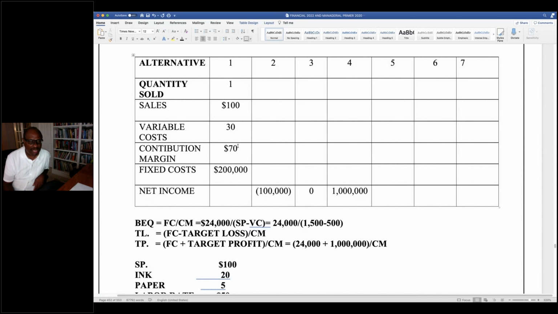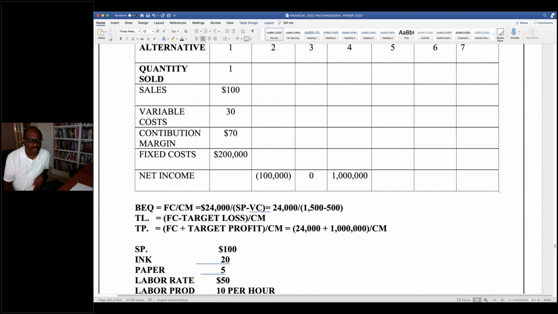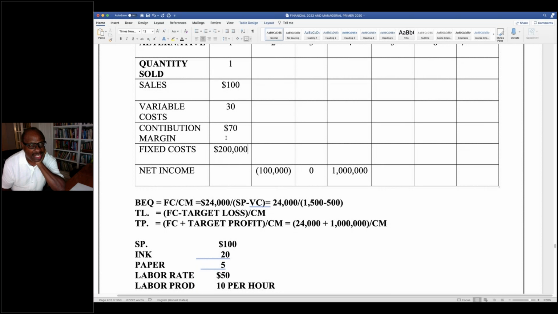Sales minus variable cost. So you have more than one variable cost. On the next quiz, you have more than one fixed cost. So we're moving up gradually. Can you say how you got the contribution margin again? Sales minus variable cost equals contribution margin. 100 minus 30 gives you 70. It gives you the contribution margin.